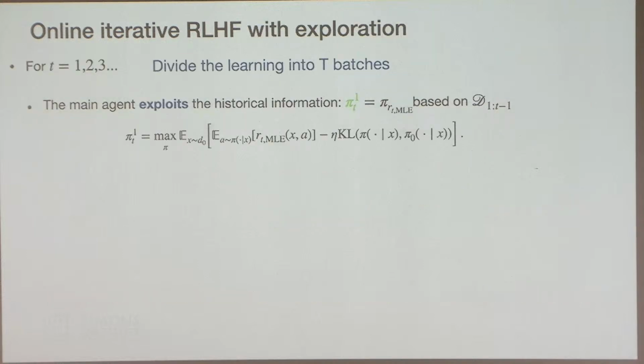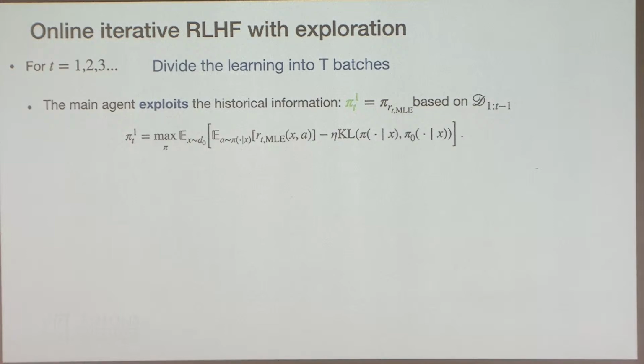And so we are ready to present our main algorithm framework. What we do first is divide the learning into a capital T batches. For each iteration t, we first have our main agent, and the main agent will exploit the historical information that's stored in the historical data.